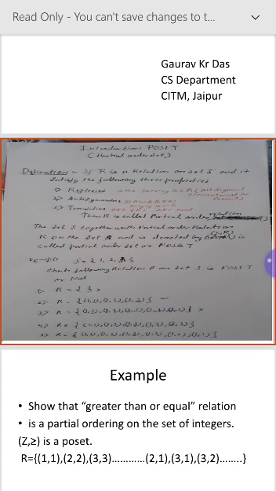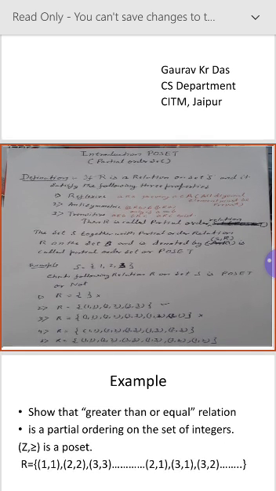Antisymmetric: what antisymmetric says is, if in a relation we have A related to B and B related to A, then A and B must be equal.